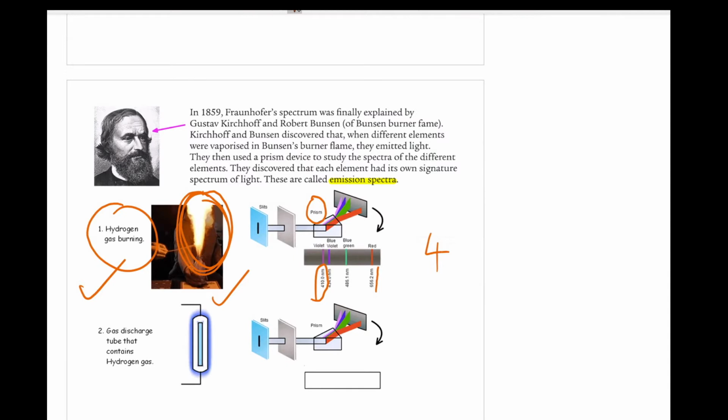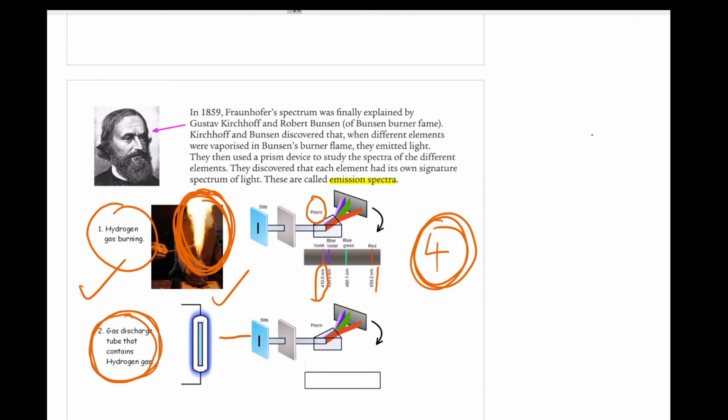It's called an emission spectra. We could do exactly the same thing with a tube containing hydrogen gas that is heated up.